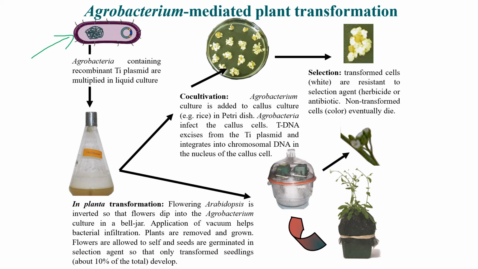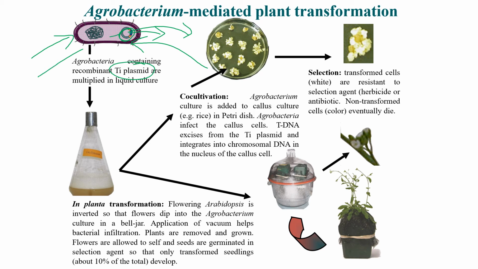They are natural genetic engineers. Agrobacteria contain a specific kind of plasmid called the Ti plasmid. Using this Ti plasmid, we'll remove the virulence genes and place the desired gene of interest in that place. So this Ti plasmid becomes genetically recombinant.